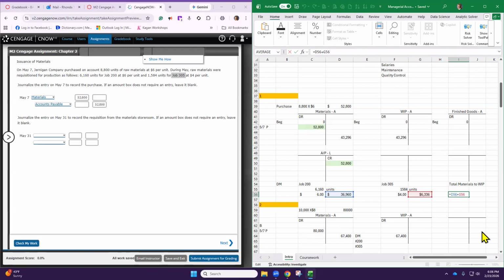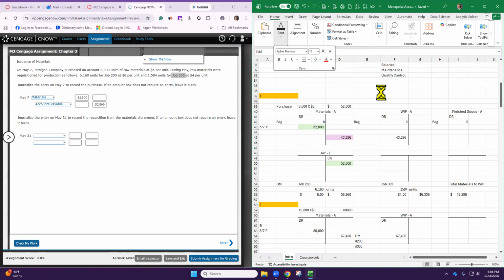And when you add it together, that's the total materials that's going to come out of this account and into this account. So these two go together. Yep, these two go together. So there is your second entry.